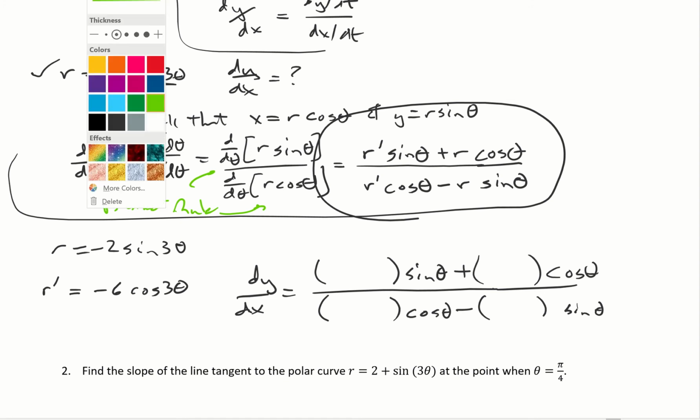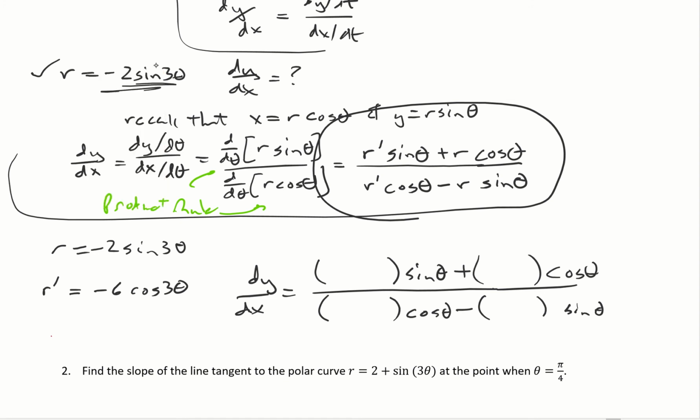Okay, so what is r? Well, we know what r is. Here are the characters right here. So you get a minus 2 sine 3 theta, minus 2 sine 3 theta, and r prime is minus 6 cosine 3 theta.